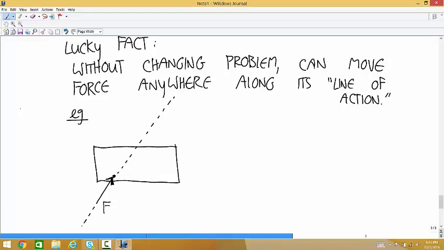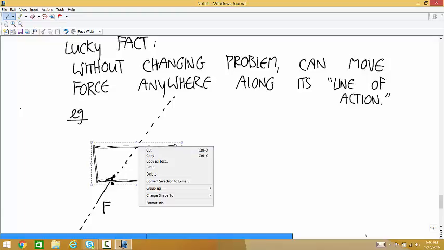So including all these points that aren't even on the body. It doesn't make physical sense, but mathematically it works. So for example, you could say that this force was applied here, or over here close to the middle, and it doesn't change the calculations.